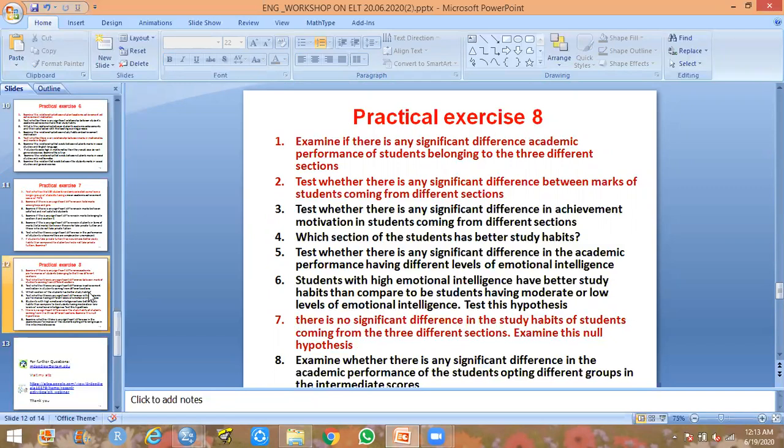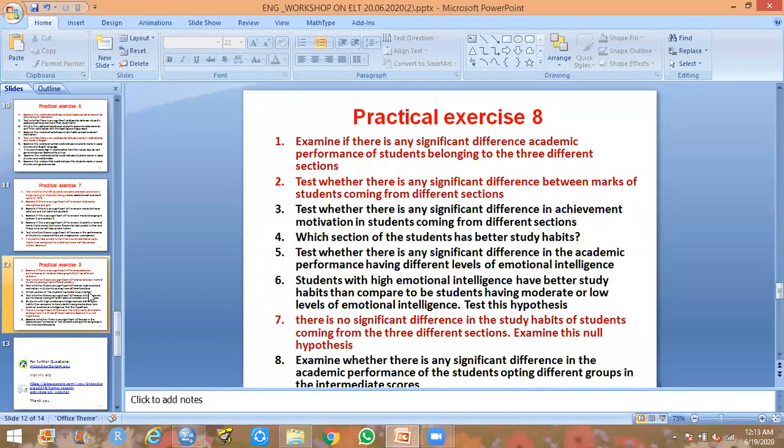Here, the hypothesis is there is no significant difference between the academic performance of the students belonging to the three different sections A, B, and C. So my interest is that there is no significant difference in mean academic performance among the three different sections.